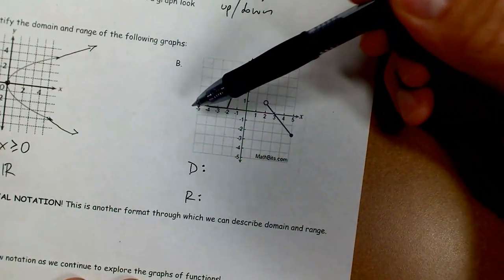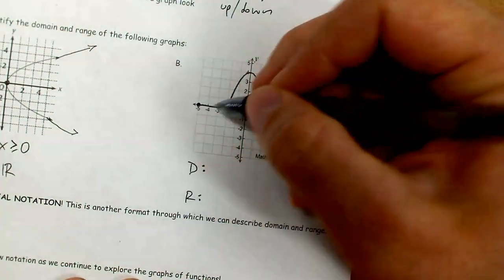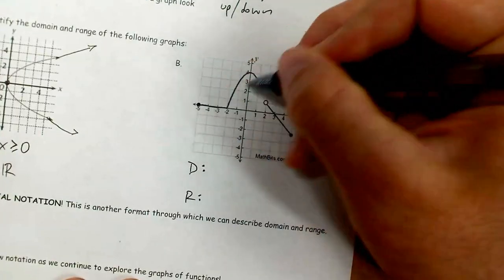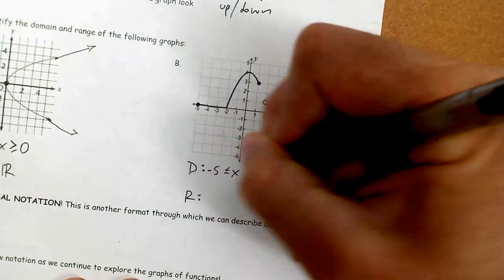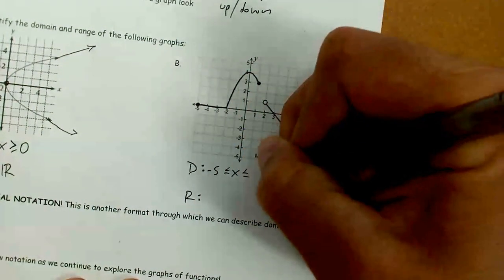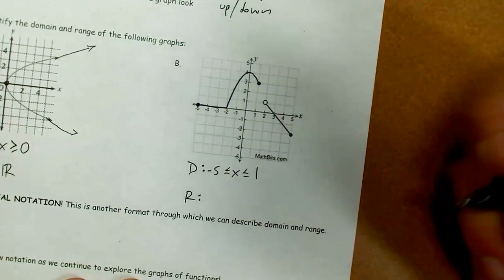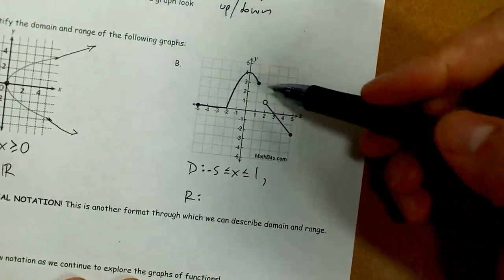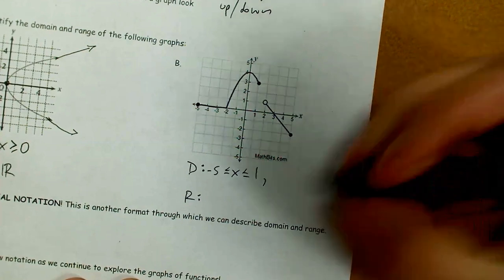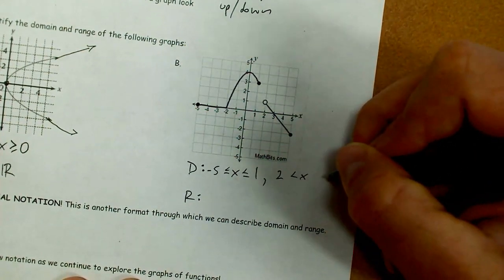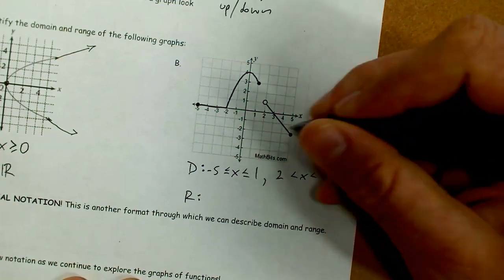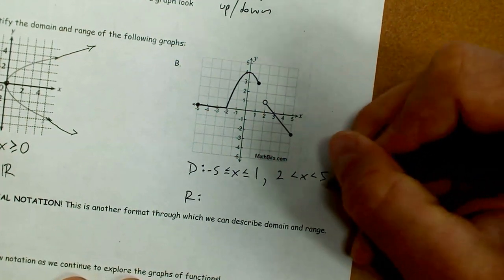Domain, we're going to start all the way to the left. It looks like it starts at -5 and runs all the way over to 1. So our domain, x is greater than or equal to -5, less than or equal to 1. And then it skips a little bit and it picks back up at 2. So x is greater than 2 and less than, it stops again at 5.